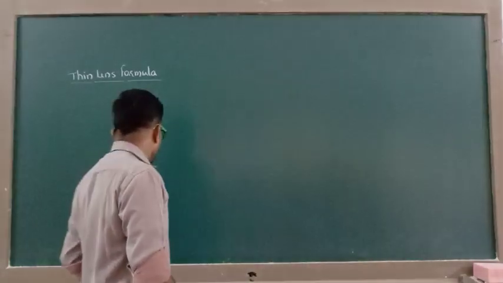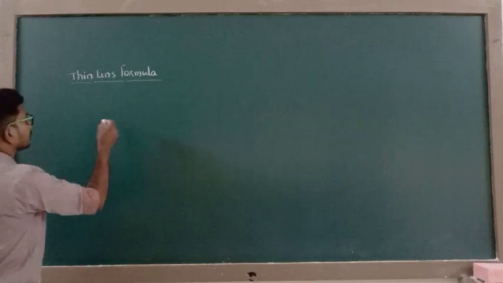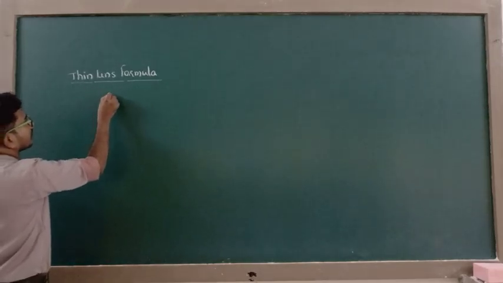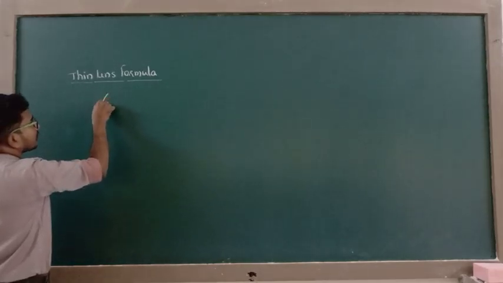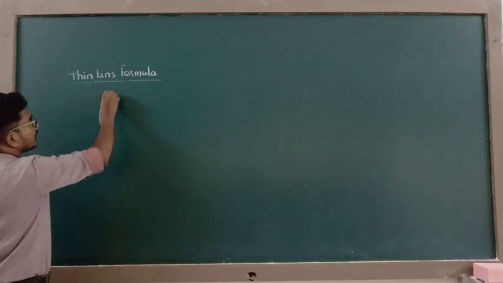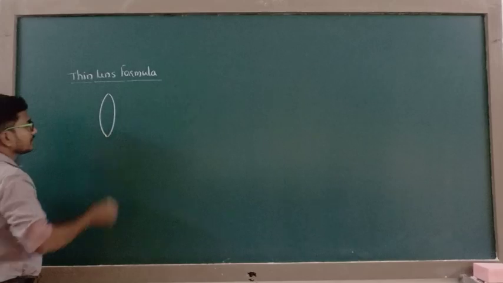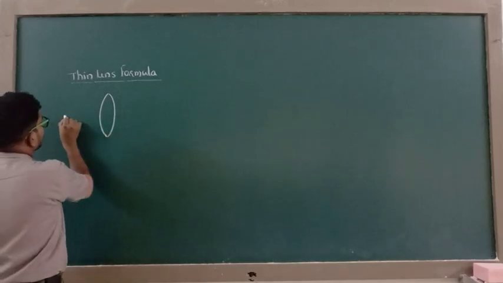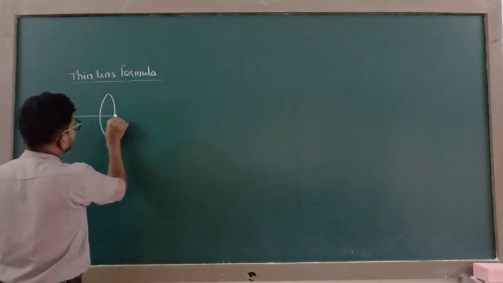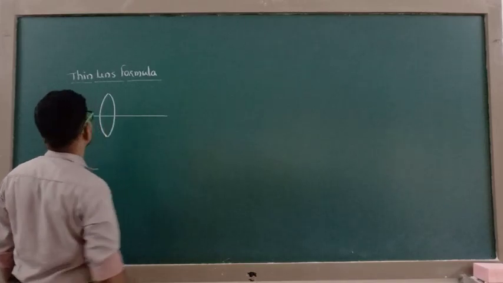So let us consider a convex lens. A biconvex lens, with a straight line passing through the center of curvature and optical center.